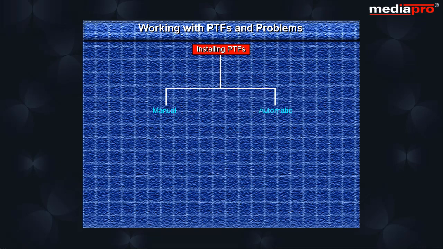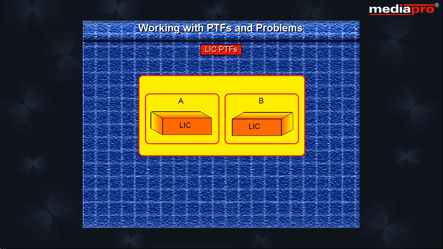PTFs can be installed automatically using the Go PTF menu. Loading and applying of the PTFs is performed as a part of the install process. Let us now see how to handle PTFs associated with the licensed internal code. There are always two copies of the licensed internal code on the system.